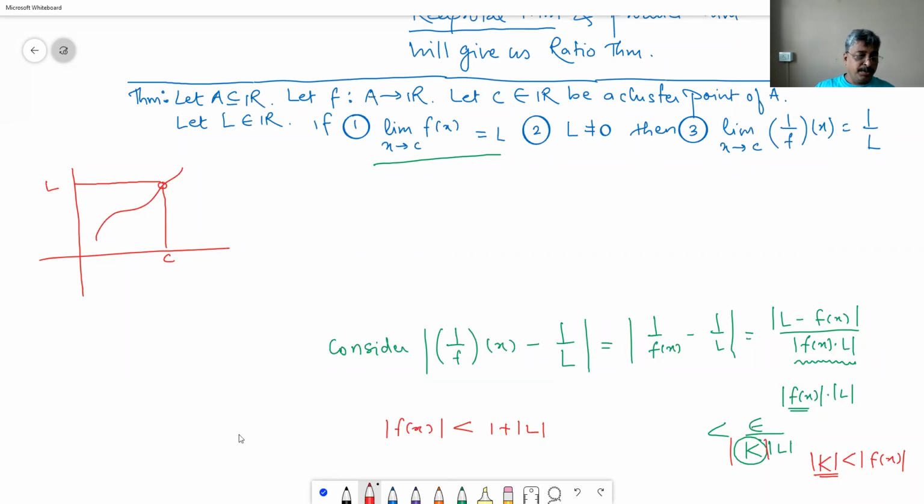If your function is something like this, then at c you may end up having the value of the function L which is negative, below the x-axis.